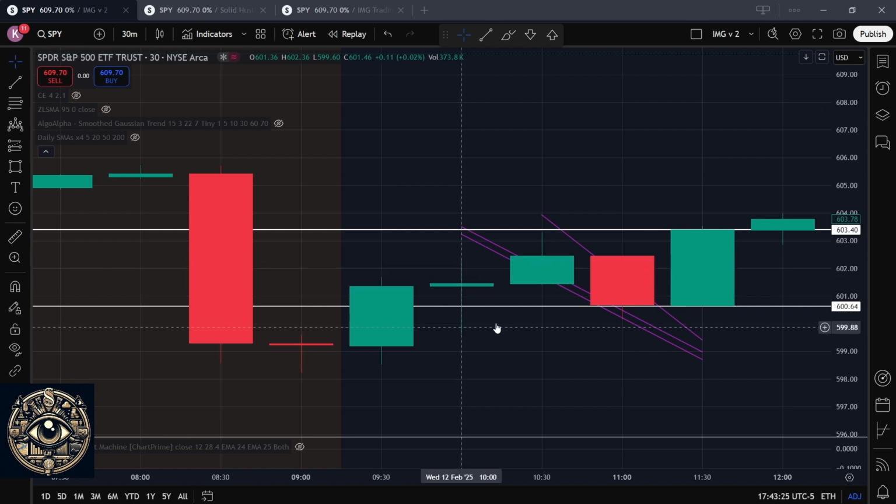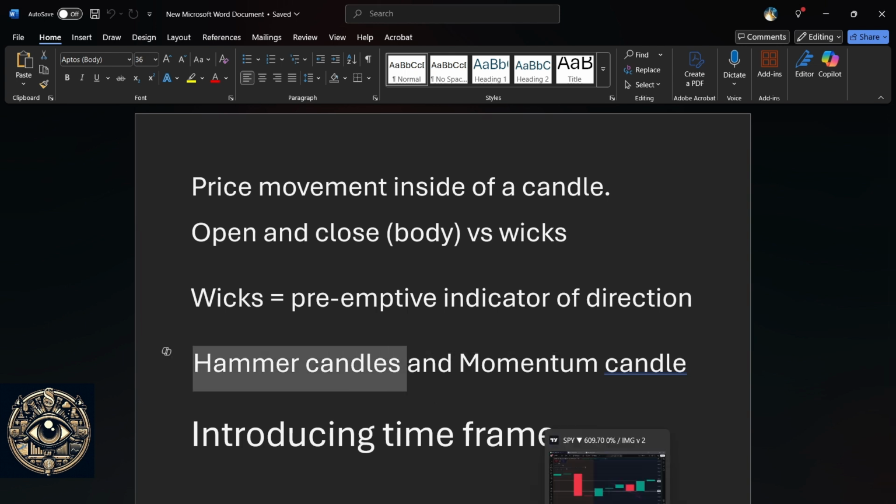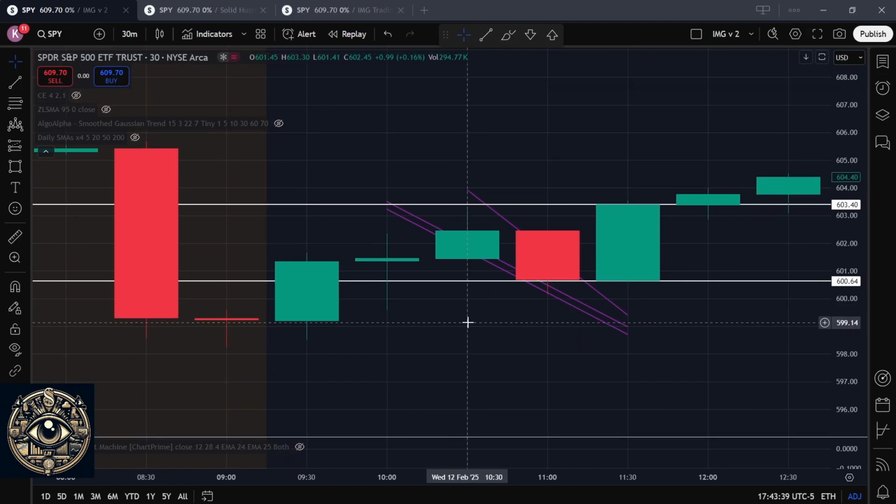This is a significant candle because this type of candle is called a hammer candle. The hammer candle can give you some insight as to what may happen. The reason it's called a hammer candle is that the majority of the body is at the top, for example on a bullish candle, bullish meaning going up, and the handle, or the wick of the candle, is long and thin.